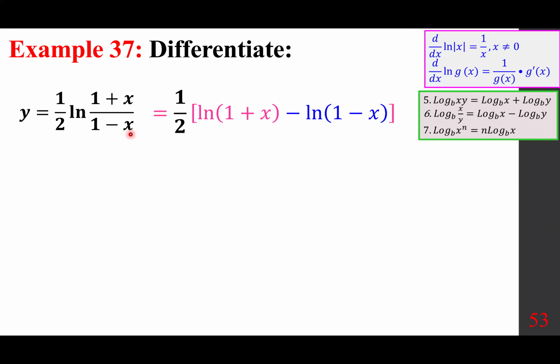Now we are ready to move on with the next. To differentiate, first we keep the number 1/2. So we say y prime is 1/2. Then we work on this piece.